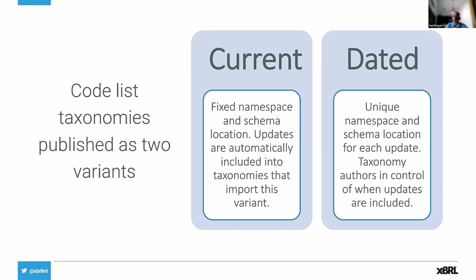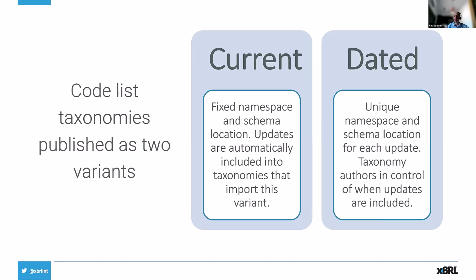Some taxonomy authors prefer to be in full control of their taxonomies, and for that reason we also publish a dated version of the code list taxonomies. These are given a unique namespace and a unique schema location, which means that as a taxonomy author, if you want to incorporate the update to the code list, you need to make a change to your taxonomy to incorporate the latest dated version of the taxonomy.